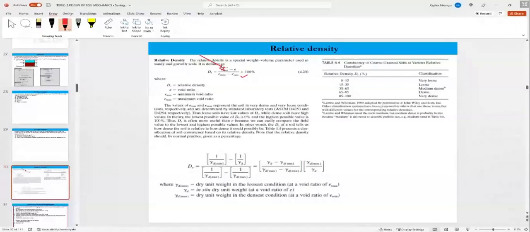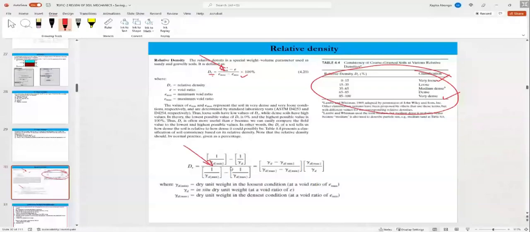The density state in between the loose, natural, and compact states is the relative density of that soil. So the relative density defines whether it's very loose to dense soil. At the loose state, it corresponds to the minimum dry density.